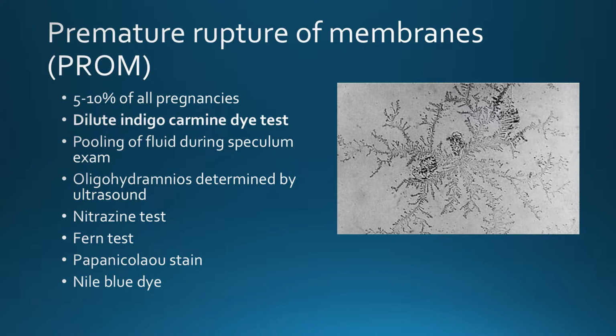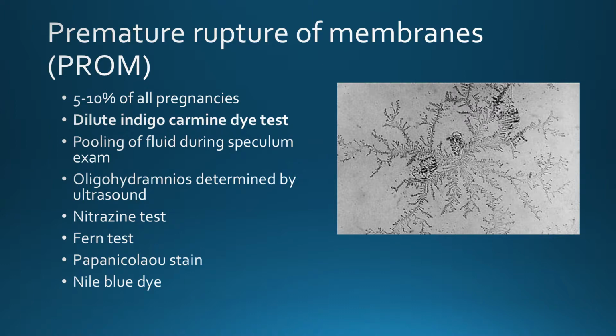So the gold standard of testing is what's called the dilute indigo carmine dye test. In this case, it is done with amniocentesis, and you infuse this dilute indigo carmine dye into the amniotic cavity. And if that dye is detected in the vaginal cavity within 30 minutes of the infusion, then you know that you have premature rupture of membranes.